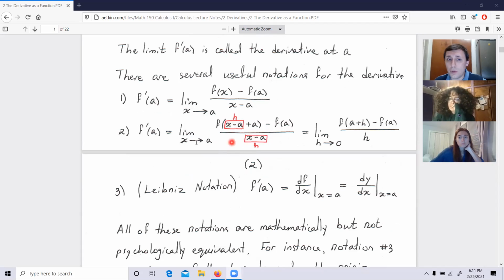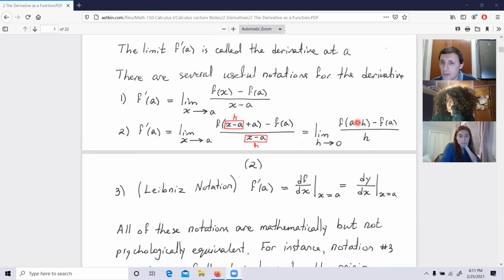And in this form, look at it, if x goes to a, then h goes to 0. So we can say limit as h goes to 0 of f of a plus h minus f of a over h. This is called perturbation. You see, it's basically an imperfect a here, right? It means a plus something that is very close to 0.